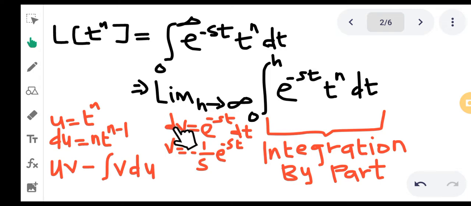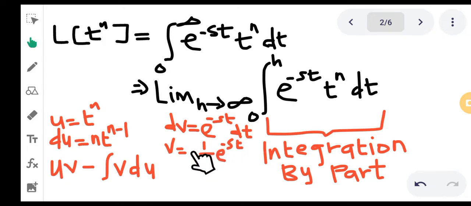When we integrate the dv to get v, that is, when we integrate e exponent minus st with respect to t, we repeat the exponential part, e exponent minus st, then we differentiate the exponent part, the minus st with respect to t. When you do that, you get s, because with respect to t, the t will yield 1, then 1 times s gives s, but you divide the result.